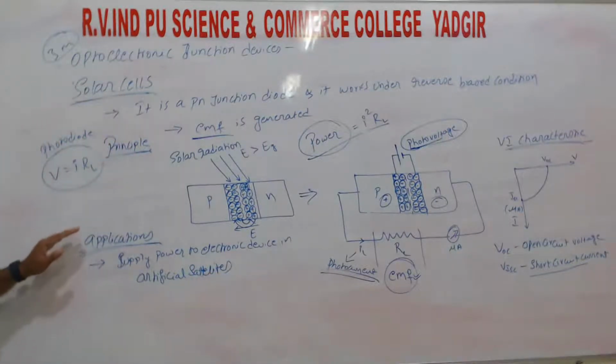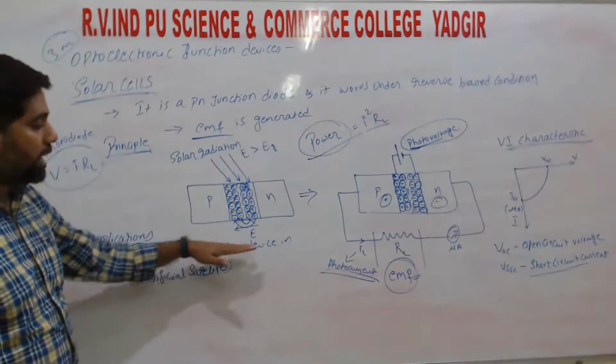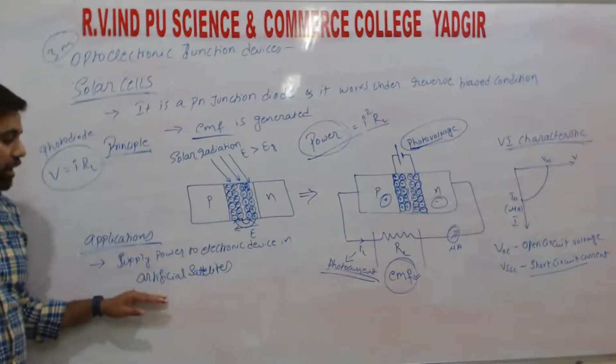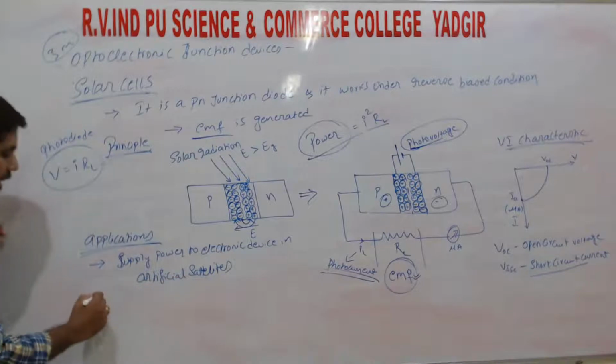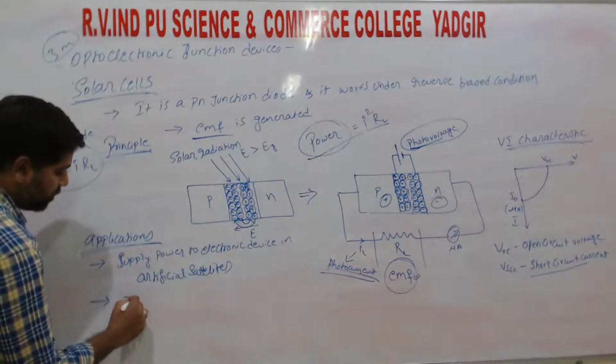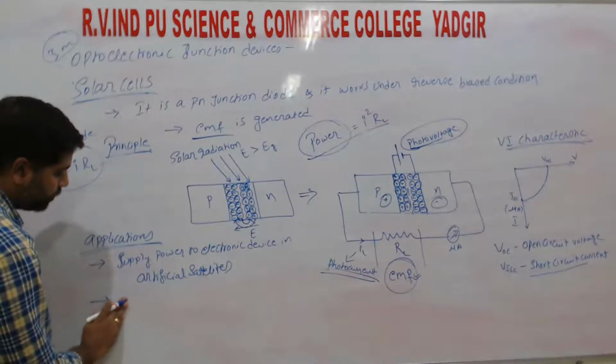So these solar cells are used to supply power to the electronic devices present in artificial satellites, right?